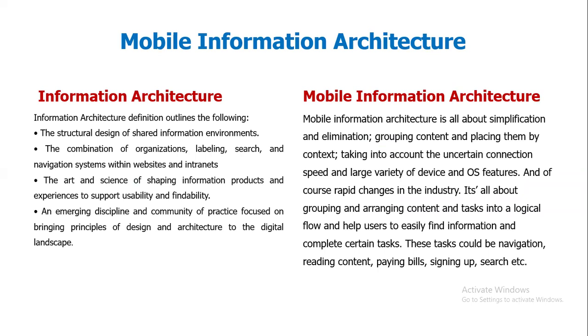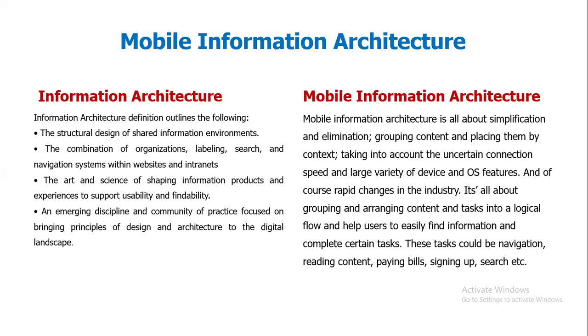So let us see what mobile information architecture is. Mobile information architecture is all about simplification and elimination, grouping content and placing it by context, taking into account uncertain connection, speed, and the large variety of device and OS features, and of course, rapid changes in the industry.